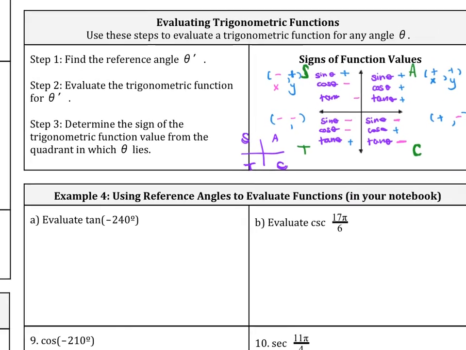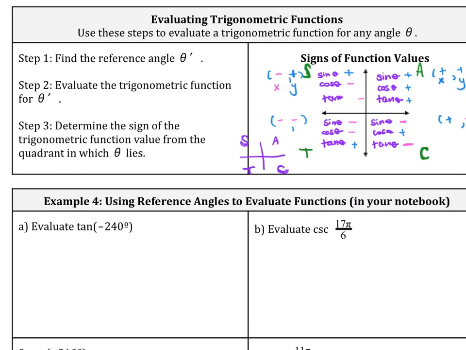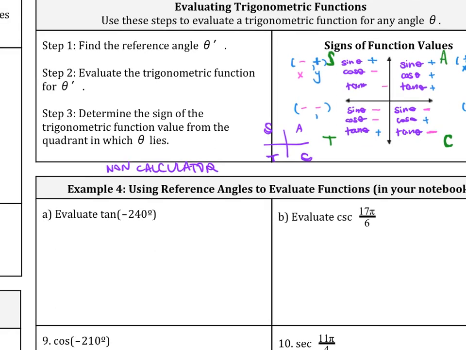So let's use reference angles to evaluate functions, so we don't use calculators. This is a non-calculator portion. So we're going to evaluate tangent of negative 240 degrees. Now at this point, it's really helpful to draw your reference angle. If the angle is negative, it's going clockwise.